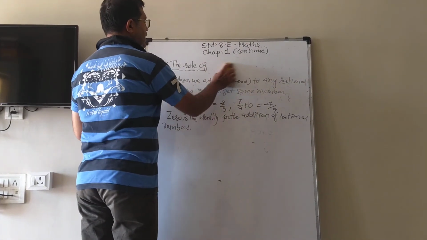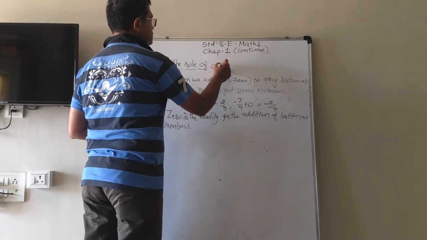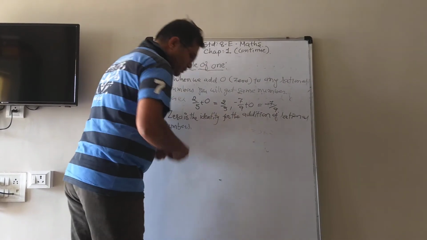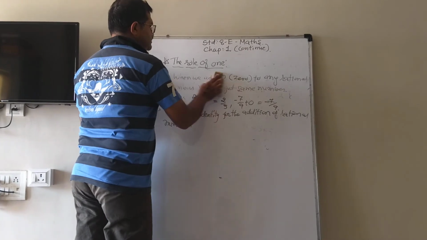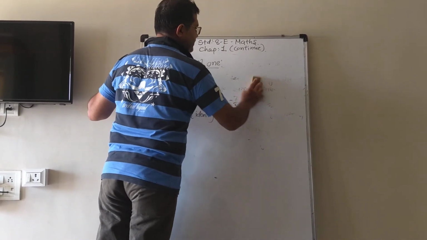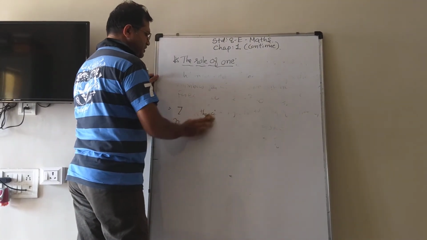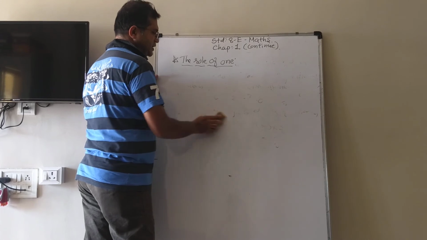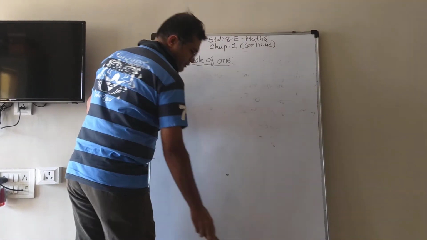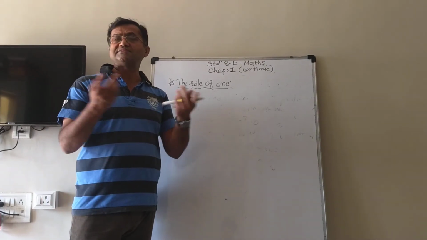Then now we will learn about the role of 1. Now the role of 1 also we know. We know the tables for the multiplication. 5 ones are 5, 7 ones are 7, 8 ones are 8, 10 ones are 10, etc. So we know that when we multiply any number with 1, the answer is the same.